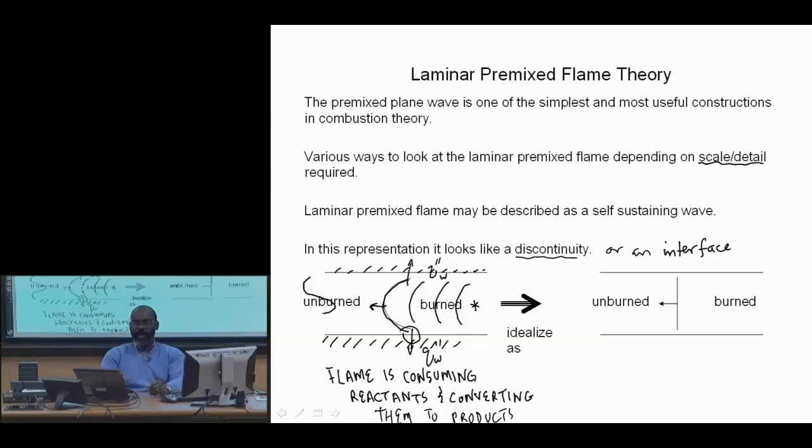The flame still, from an idealization perspective, is just an interface. So a lot of times we'll talk about the abstraction of a flame as this one-dimensional adiabatic laminar flame.